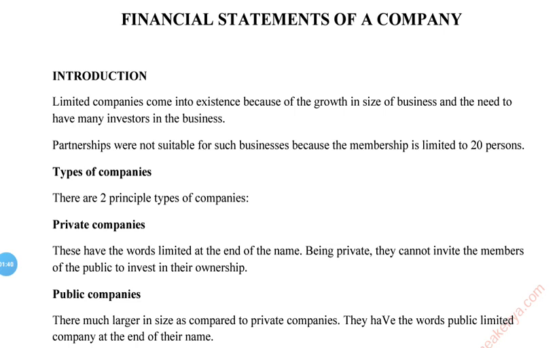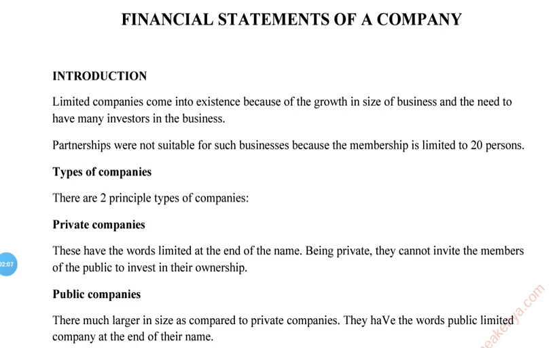Remember, under the Companies Act, Cap 486, a private company is restricted to sell its shares to other members. So we say that the transfer of shares in a private company is restricted. But when you go to a public limited company, there is free transfer of shares.